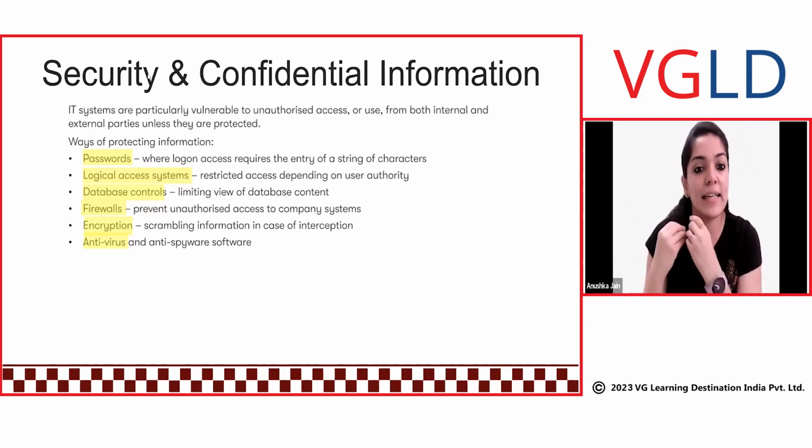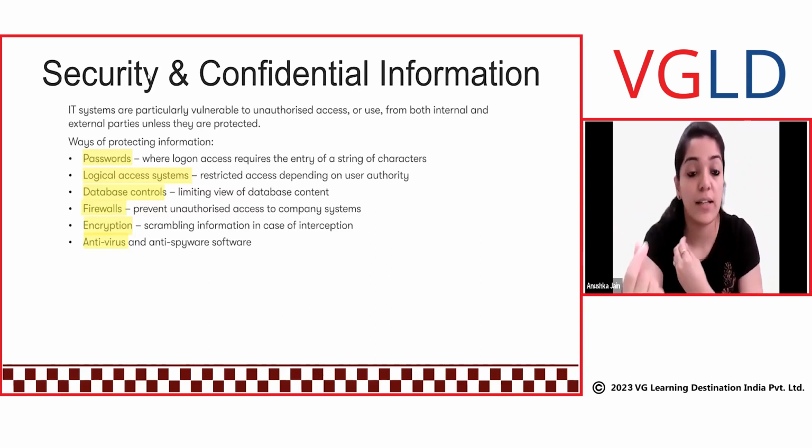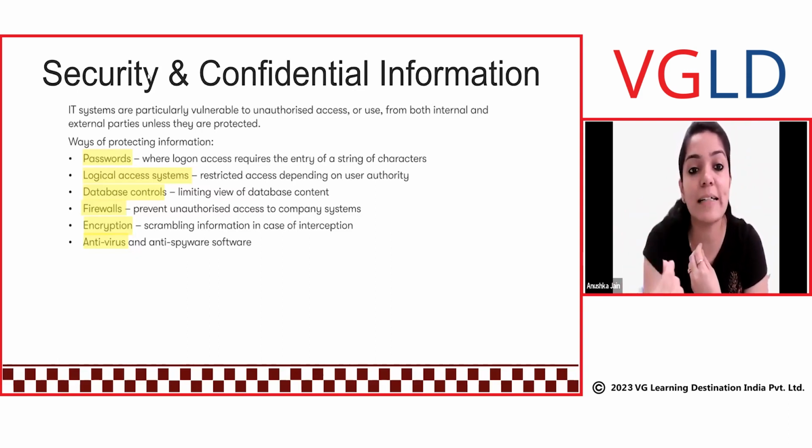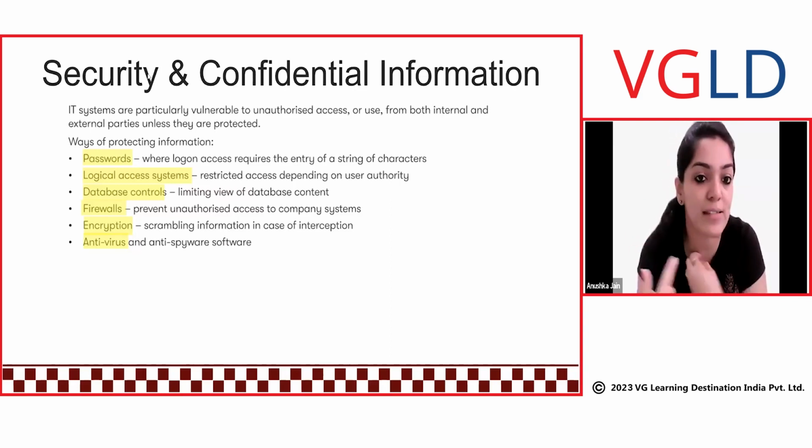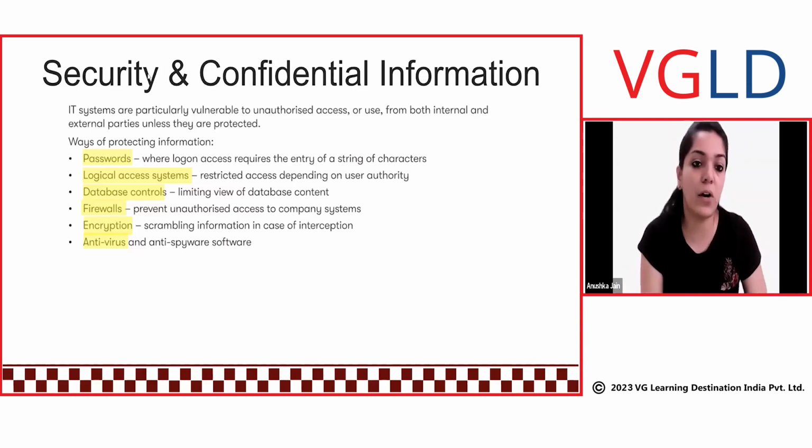When I send it, it gets encrypted, and when you receive it, you are the intended recipient of the message. There is a key on your device which translates it, and you see it normally. You do not even realize this process is happening at the back end. So that is what encryption is about.